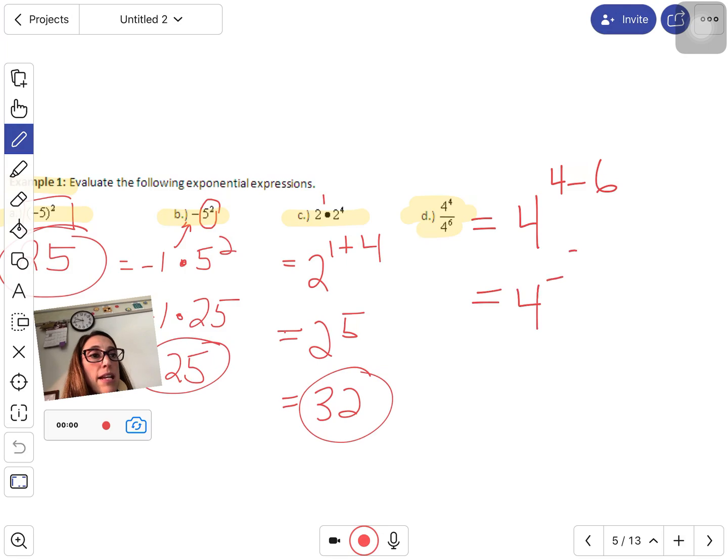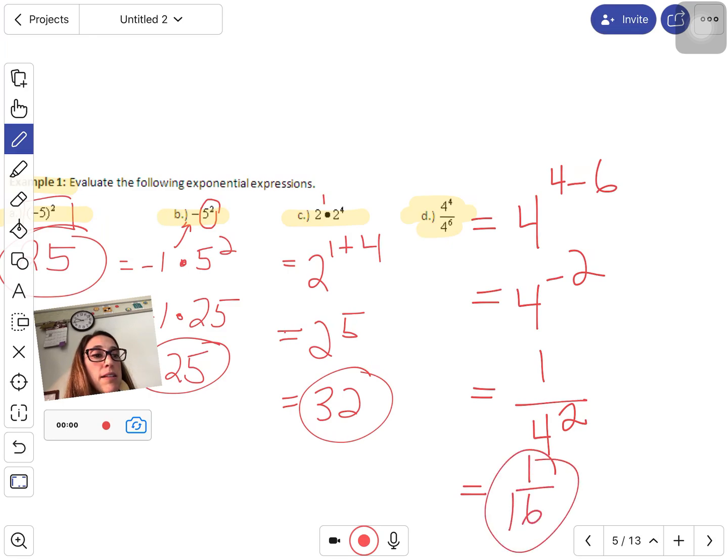That's the same as 4 to the -2nd power. And then I'm like, uh-oh, I got a negative exponent. So I'm going to use my upstairs, downstairs rule. So 4 to the -2nd has to move to the bottom. And then if there's no top, we put a placeholder there. That's 1. So we have 1 over 16 as the simplification of 4 to the 4th over 4 to the 6th.